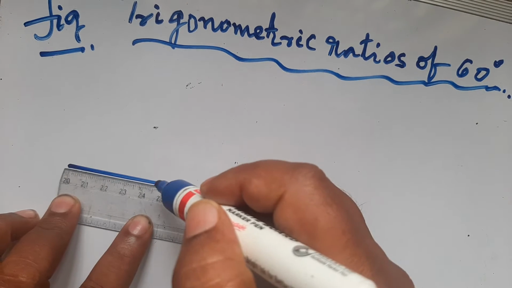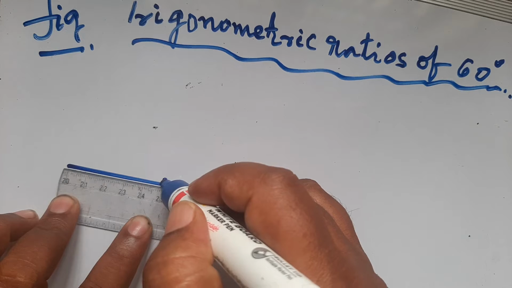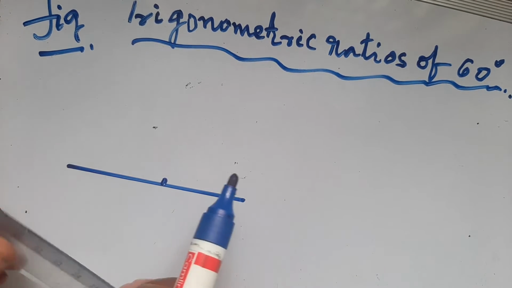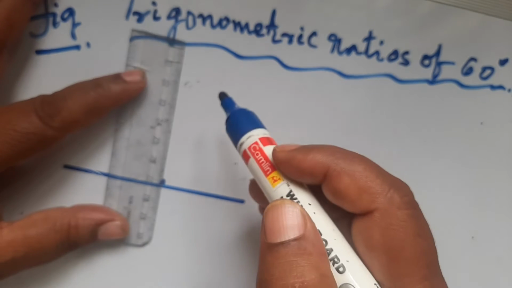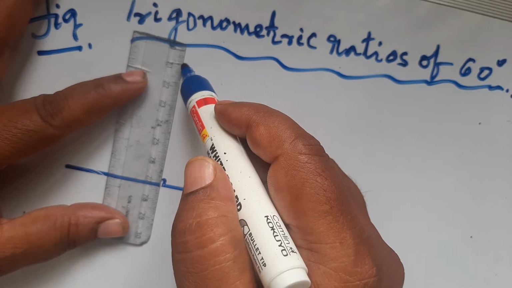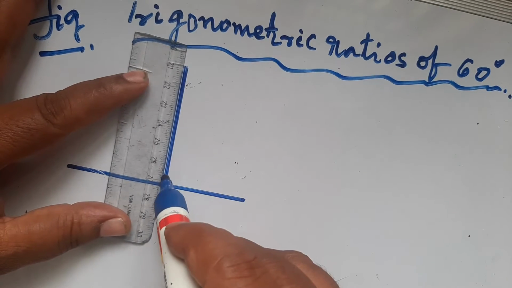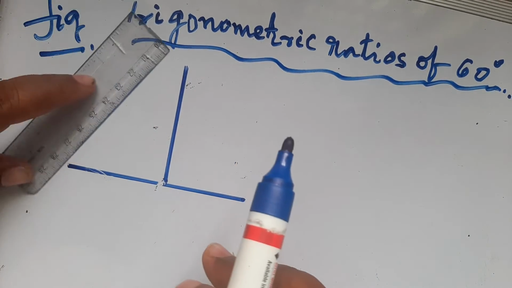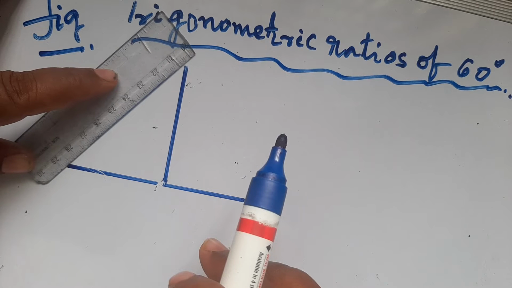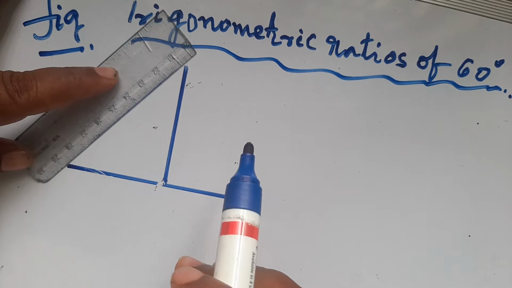For the middle of the line we have to make a dot, which divides the line segment into two equal parts. This is the perpendicular bisector, and then we have to join this line. This is an equilateral triangle.